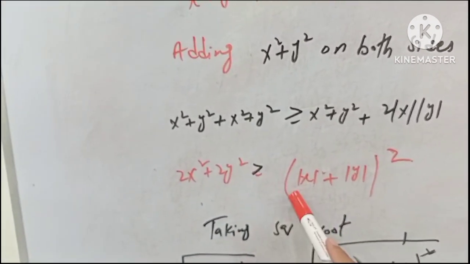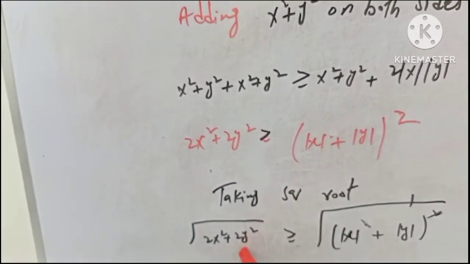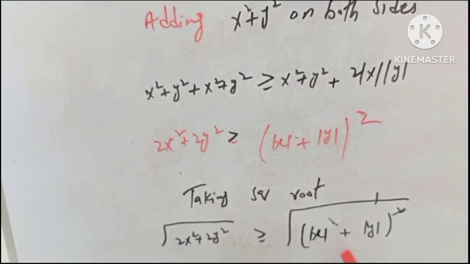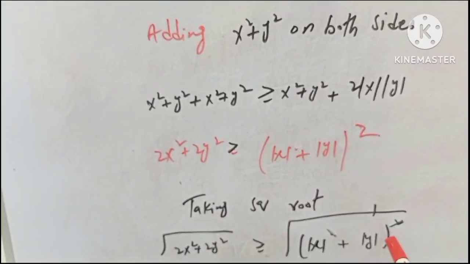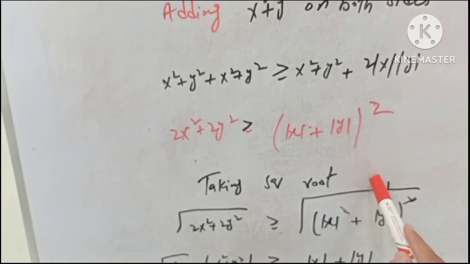So taking square root on both sides, it becomes √(2x² + 2y²) ≥ √((|x| + |y|)²). Square cancels with square root.